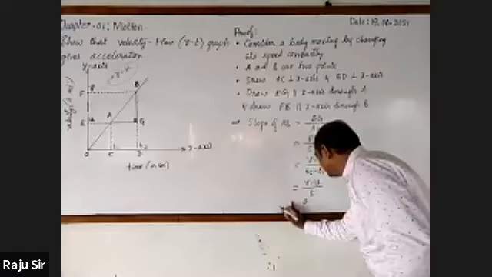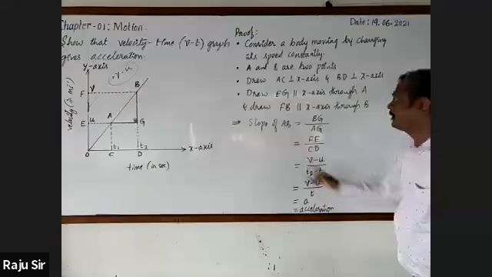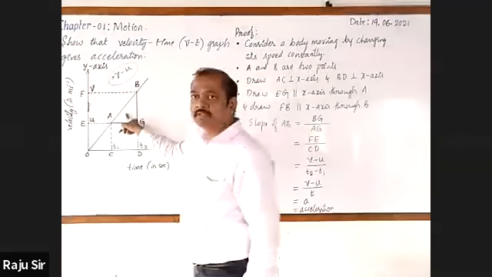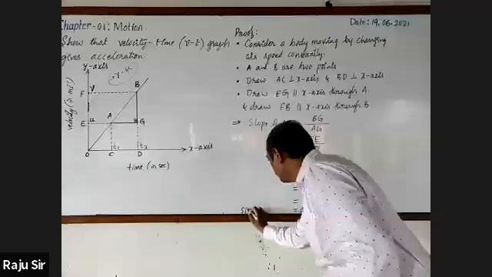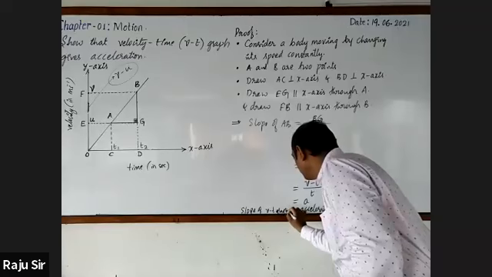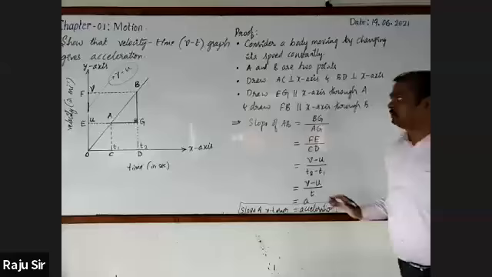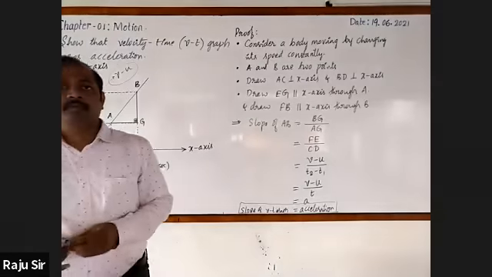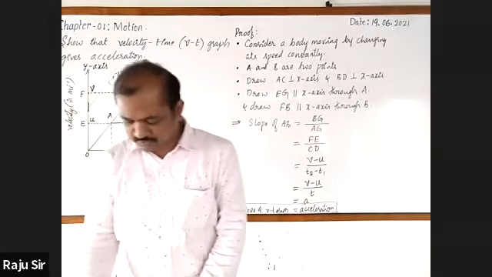So the slope of AB is nothing but the slope of the VT graph. Slope of VT graph is acceleration.